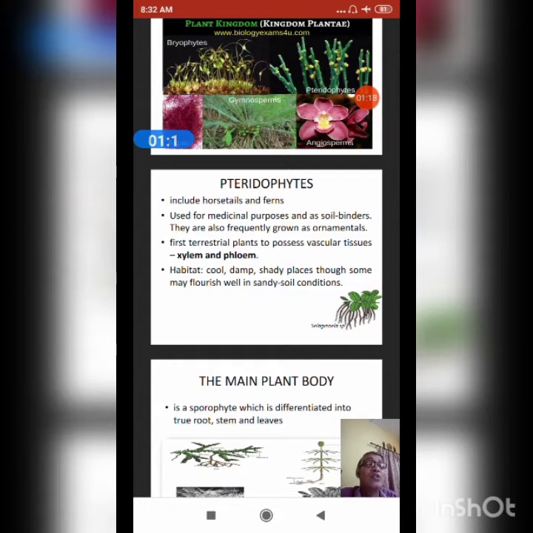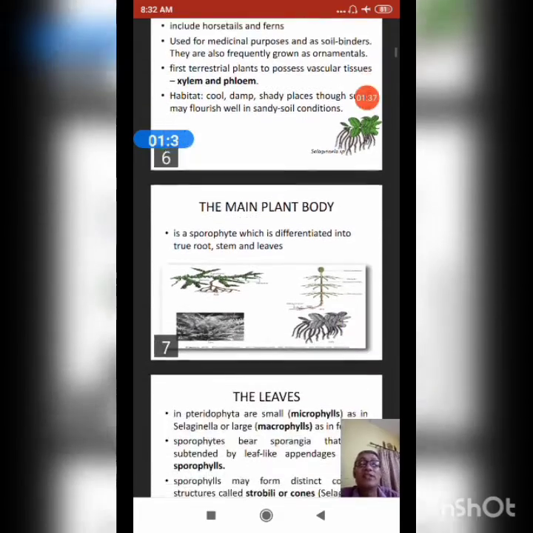So far as the tissue is concerned, vascular tissue, that is xylem and phloem, has first developed in pteridophytes. Habitat: cool, damp, shady places, though some may flourish well in sandy soil conditions also. Let us see the pictures also.